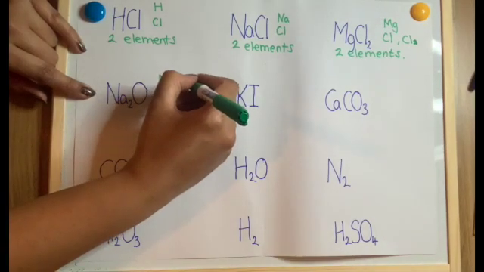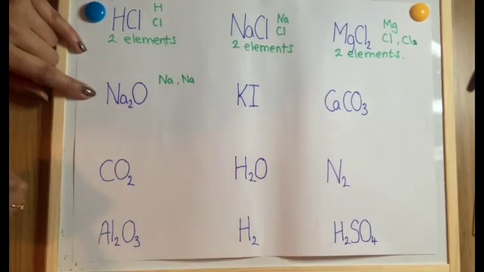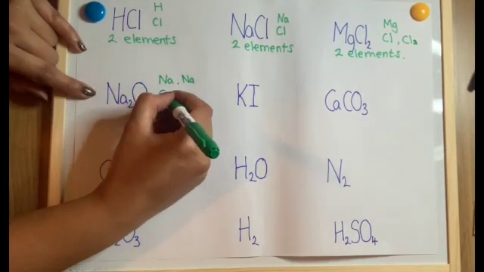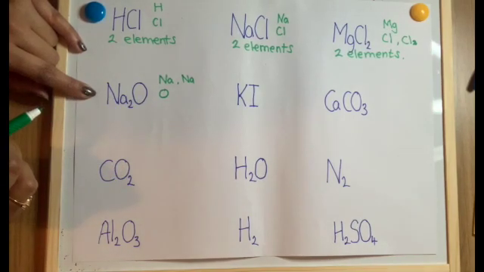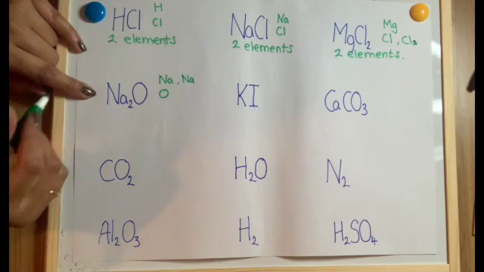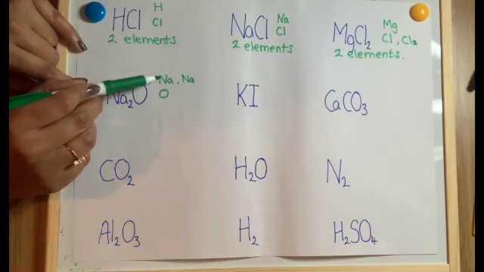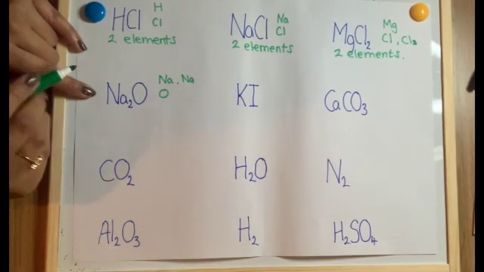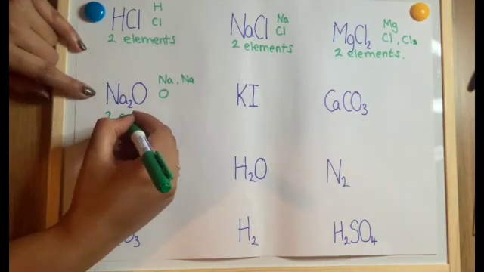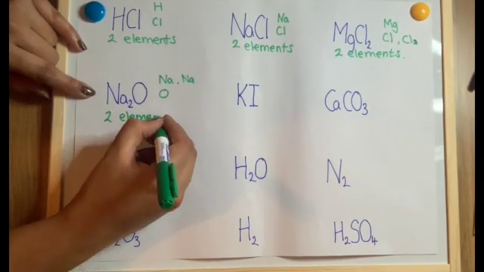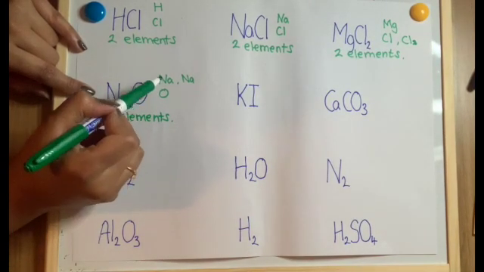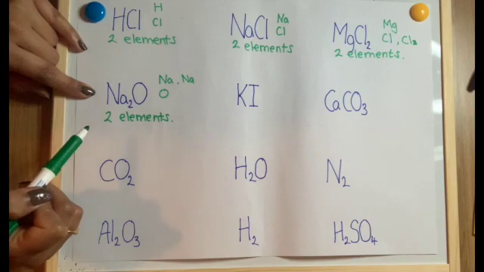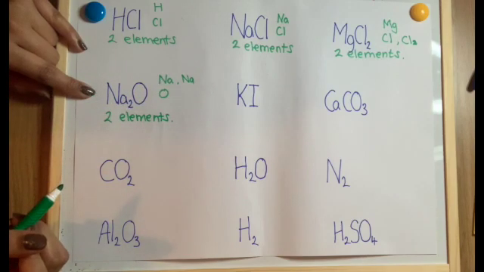So in this molecule, I've got 2 sodiums. Then I've got a capital O, which means I've also got oxygen. No number after it, so that means I have 1. So again, I've got sodium element and oxygen element. So I have 2 elements. In terms of atoms, I have 3 atoms altogether, but 2 elements.